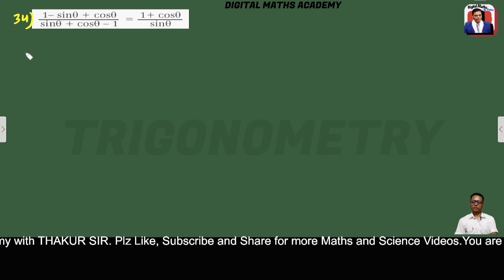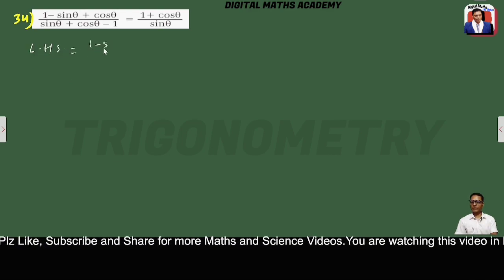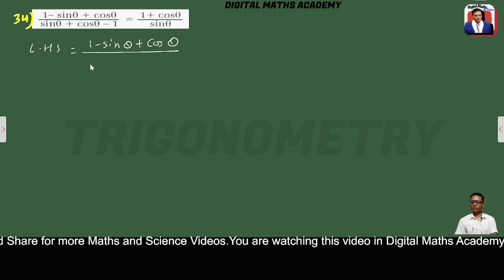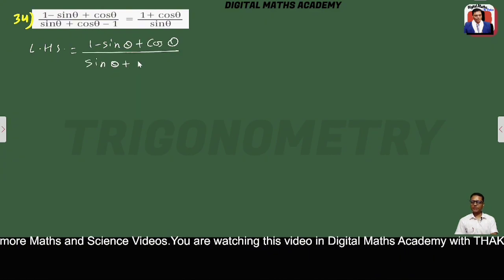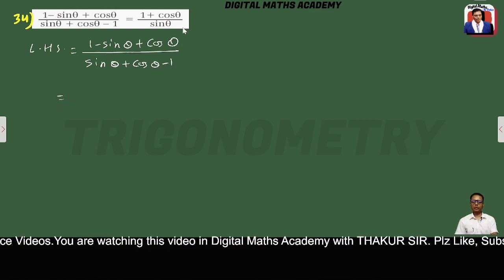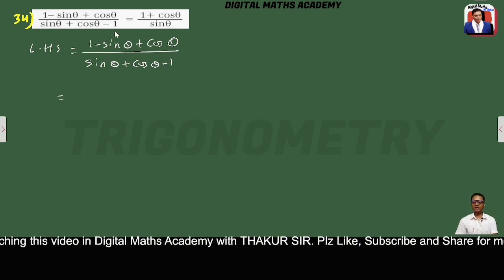Number 34. So we are going to choose left hand side. Left hand side we have 1 minus sine theta plus cos theta. At the denominator we have sine theta plus cos theta minus 1. So we have to bring 1 plus cos theta by sine theta. So we are going to divide up and down by sine theta here.